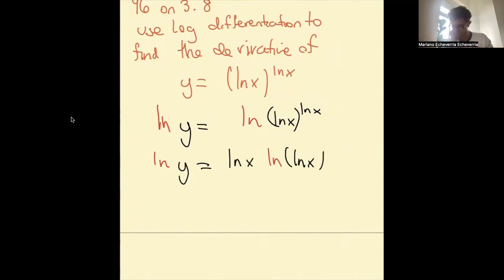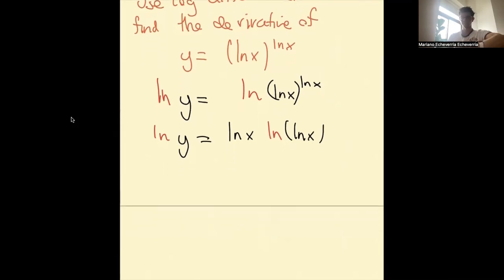Is that making sense? And after that, everything else is not as confusing. But this notation for the ln could have been a bit weird. And so now again, it's like an implicit differentiation problem.